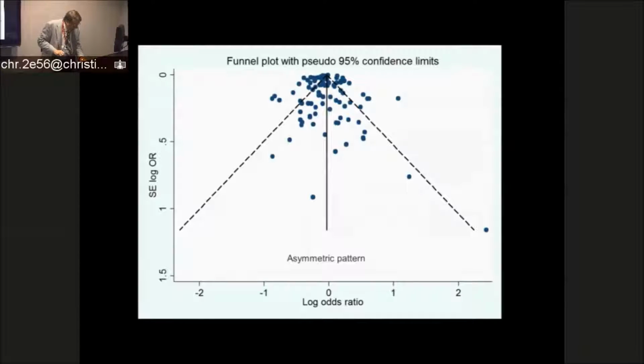Okay, so that's some of the basic concepts of meta-analysis.